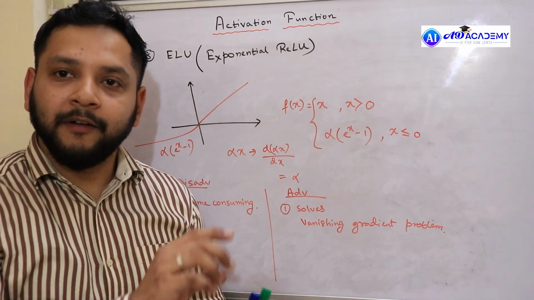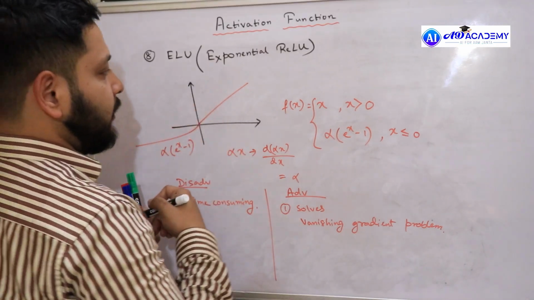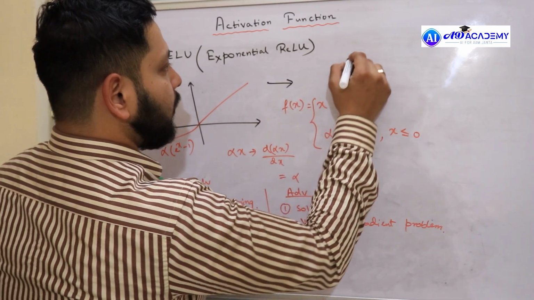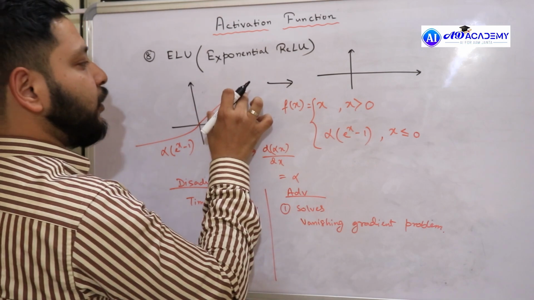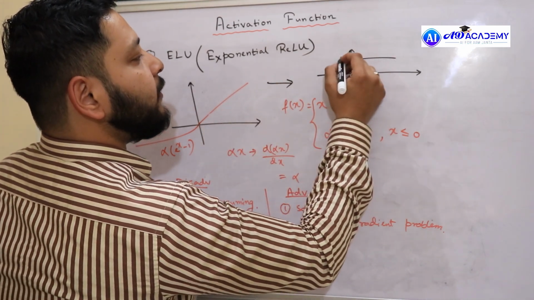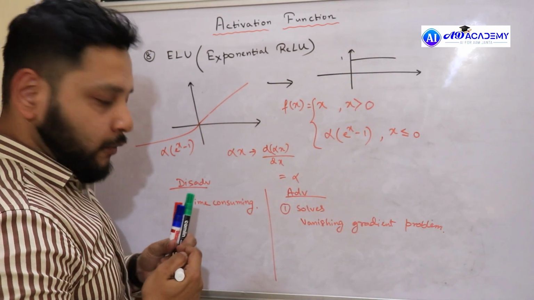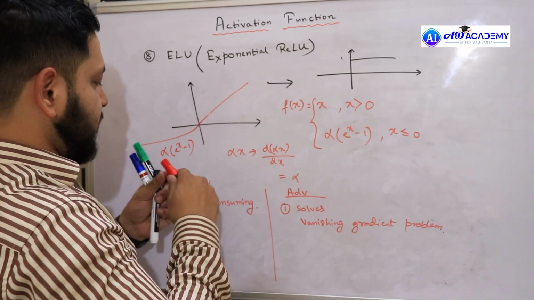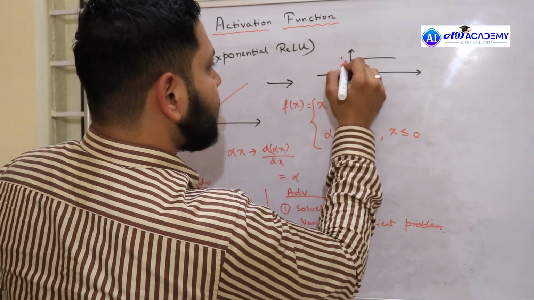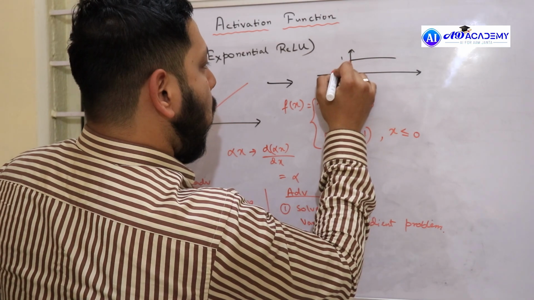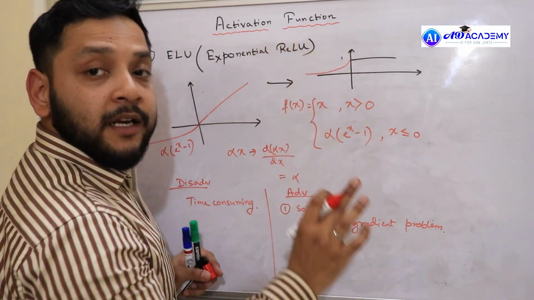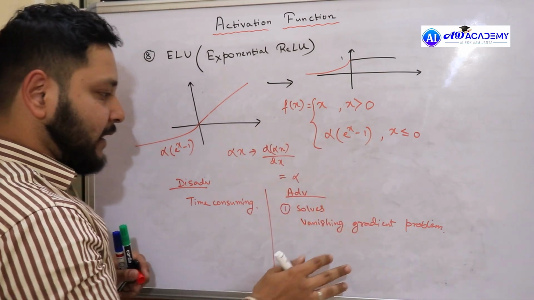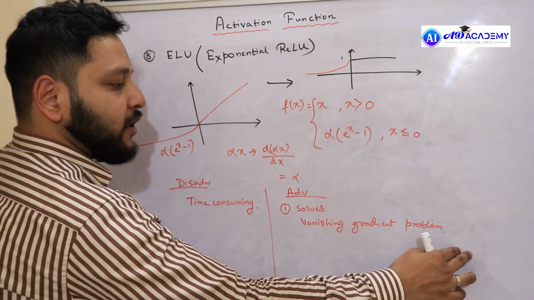If we take the derivative of this function, for this region derivative will be 1, as we already know, and in this region the derivative is like this. This is not 0 but near to 0 but not 0, and as a result it solves this vanishing gradient problem.